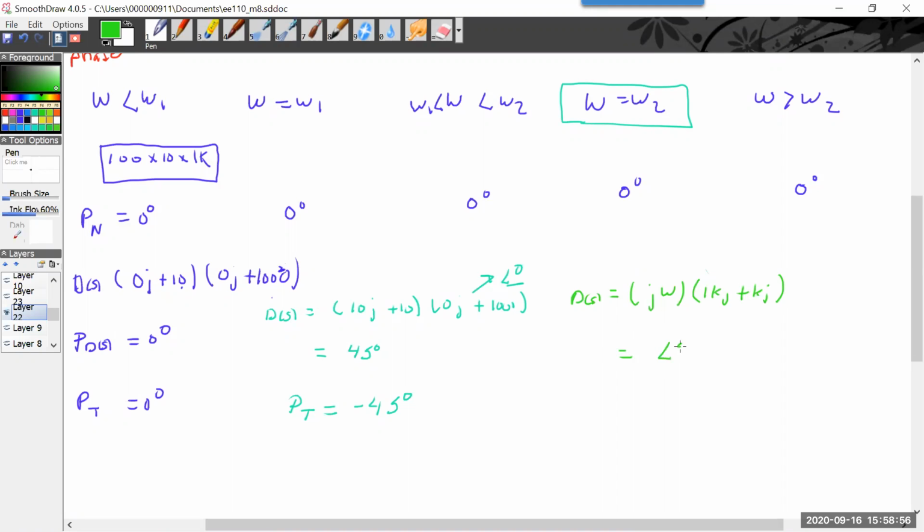Ignoring the magnitude, that's 90 and 45. Again, ignoring the magnitudes, 135, right? Phase total is phase numerator minus phase denominator, which is minus 135.